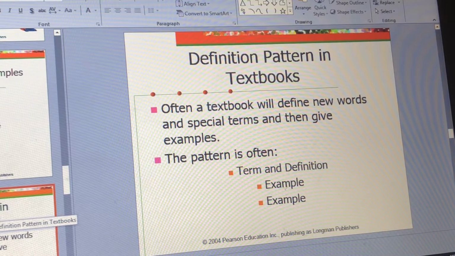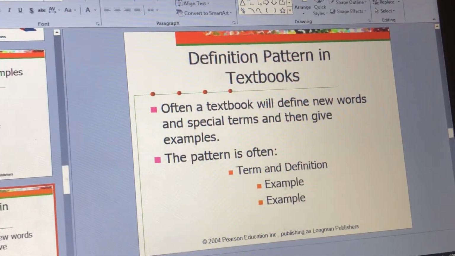So often textbooks will define new words and special terms and then give you examples. Okay. So we've already talked about how to read a textbook. Look for those terms in bold or italics. I know a lot of people come to me and say, man, textbooks are written just to confuse you. And it can seem that way, especially with a new subject. But really, they follow patterns to try to help you process that information.